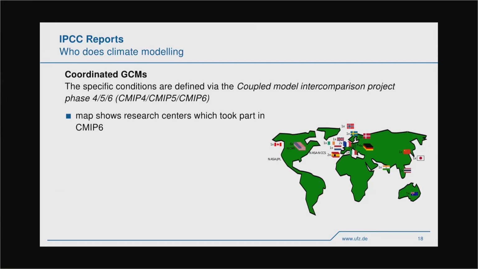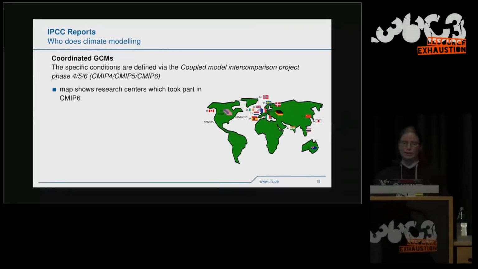So there might have been earlier ones, but currently for the AR6, the 6th assessment report, CMIP 6 is investigated. I showed you on the map the research centers which took part in CMIP 6, so which take part in the 6th assessment report.